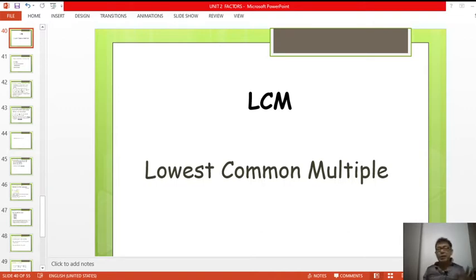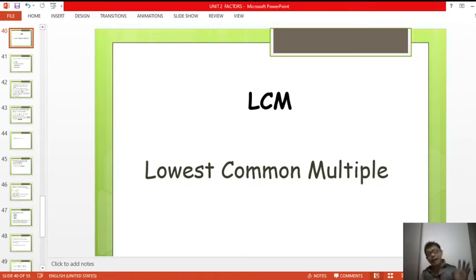Today we'll be talking about LCM, or lowest common multiple. This is still part of our unit 2 topic in our book about factors, and what we discussed before was HCF, the highest common factor. This time it's different, so we are now talking about lowest common multiple.